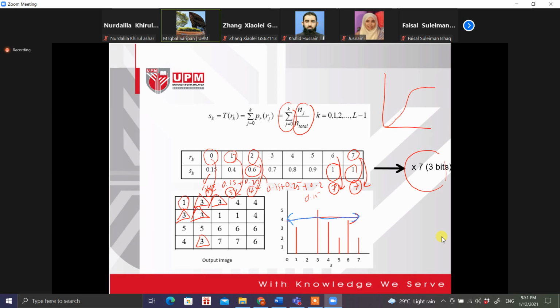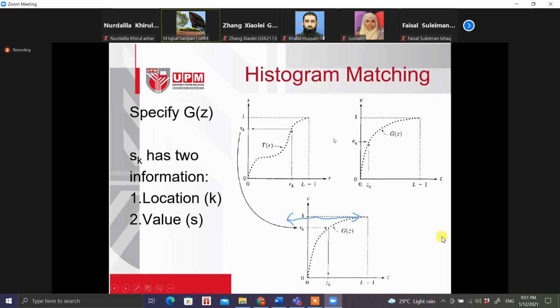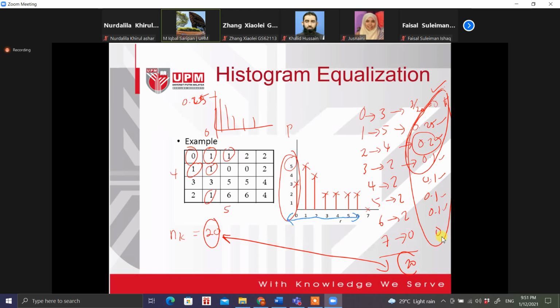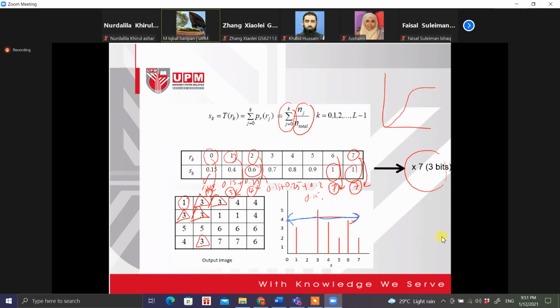As compared to the original histogram here, after this method, you can see that now the values are more distributed.